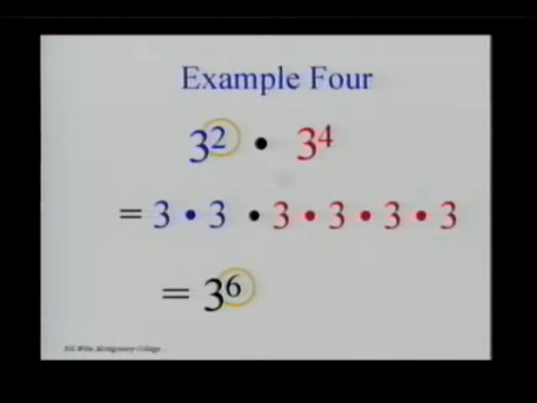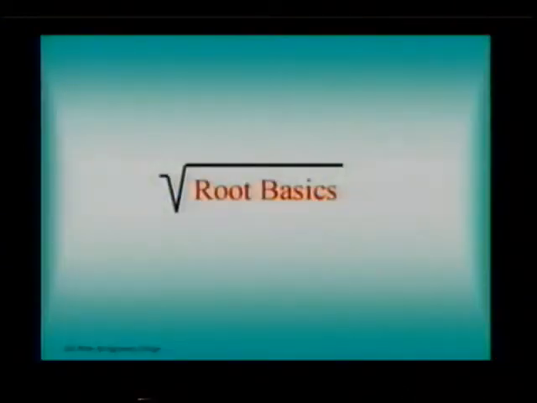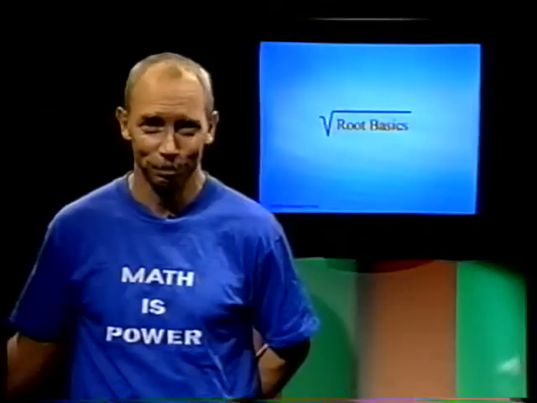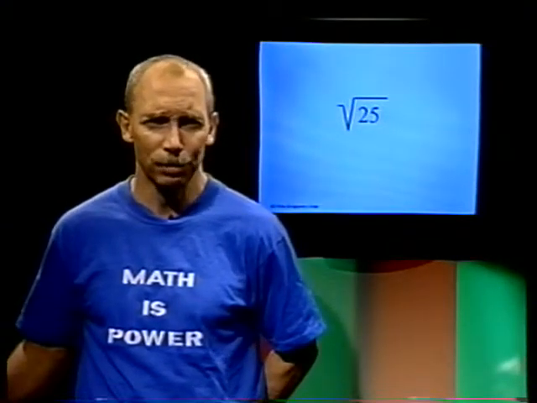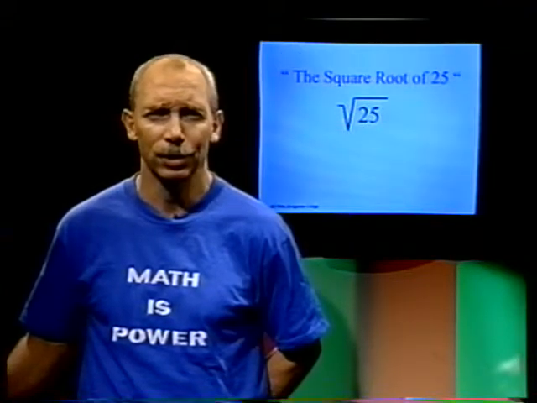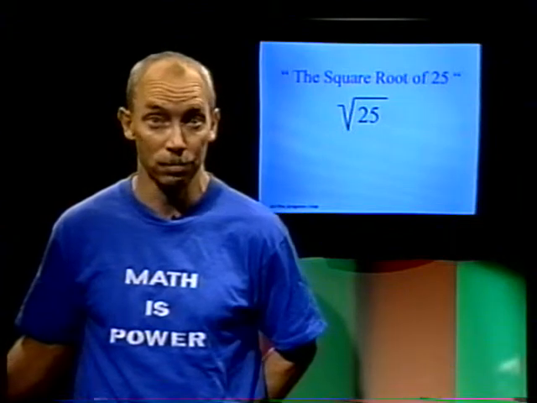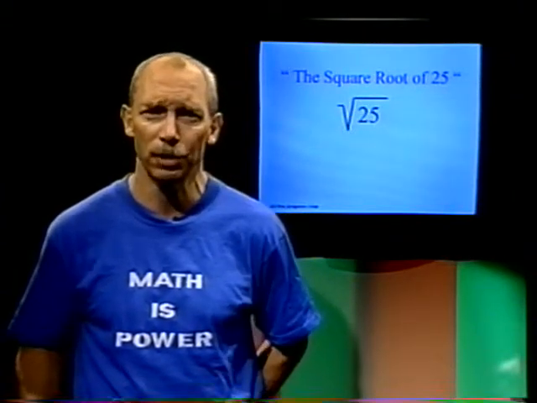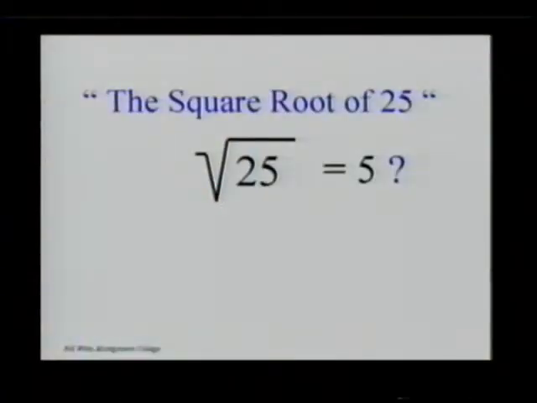Now we're ready for root basics. You see the R? This is called the root, or in this case, the square root, we'll do others, the square root of 25. What is the square root of 25? Is it 5?